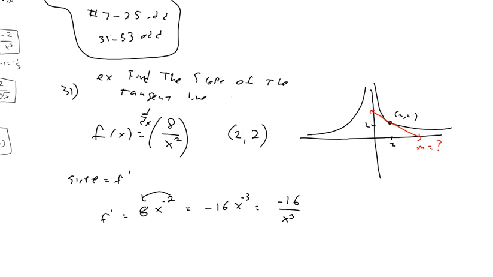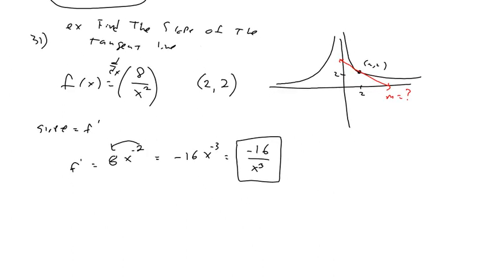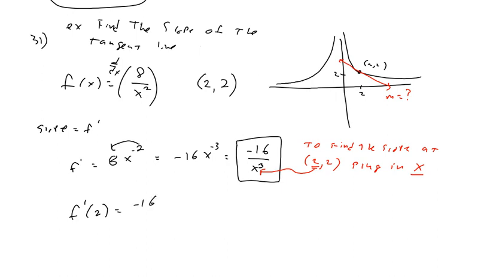So to find the slope at 2, 2, you plug in x. Plug in this 2 into the x value there, and you would find the slope at that point. You would find f prime of 2, which is negative 16 over 2 cubed. It's going to be negative 16 over 8. It's going to be negative 2.